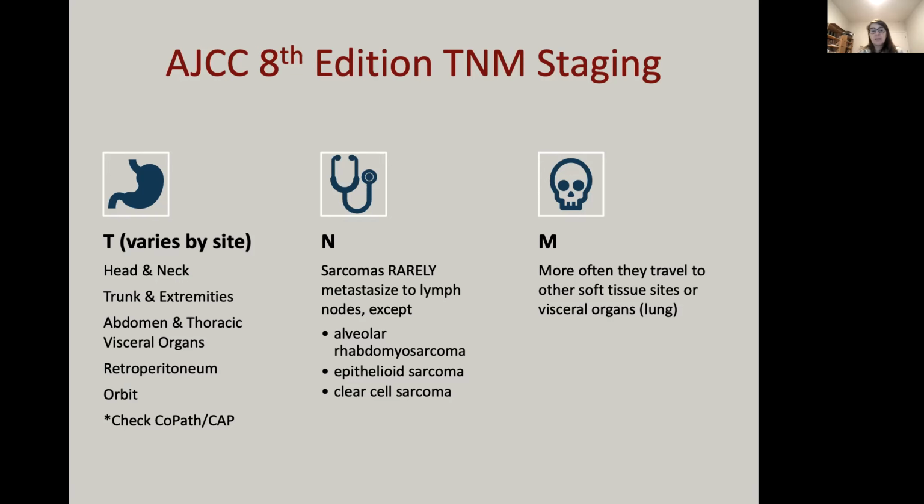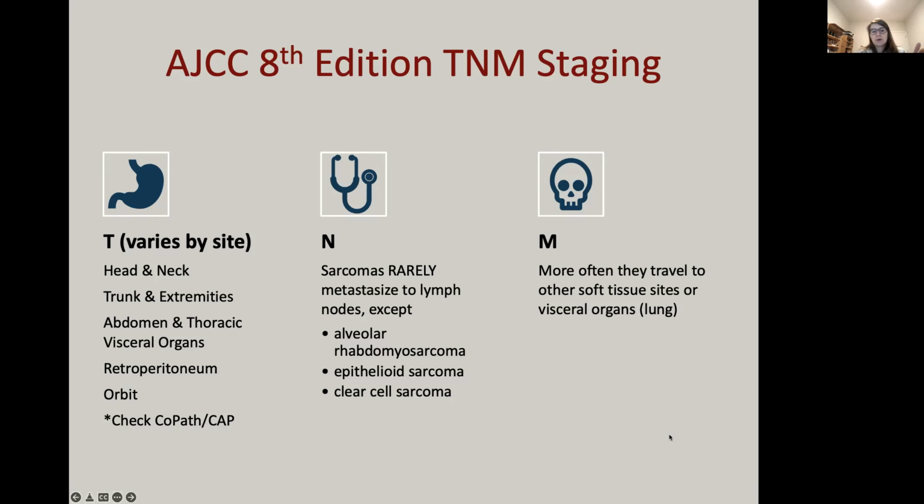If there are lymph nodes sampled and they're negative, you can certainly give an N0. But if there are no lymph nodes sampled, do not write NX. Just don't write an N at all. So now for all of these systems, you are only required to report the T, okay? And you very often do not have an M, okay? Does that make sense? Okay.